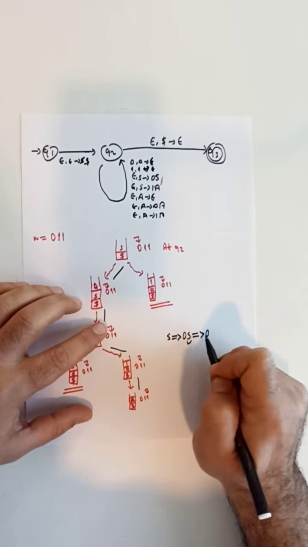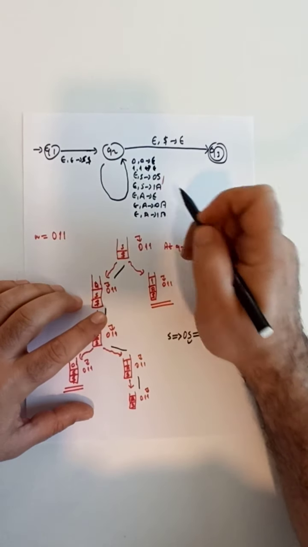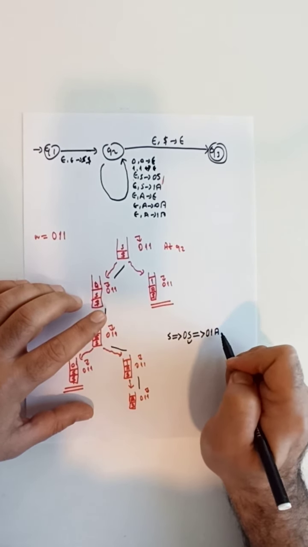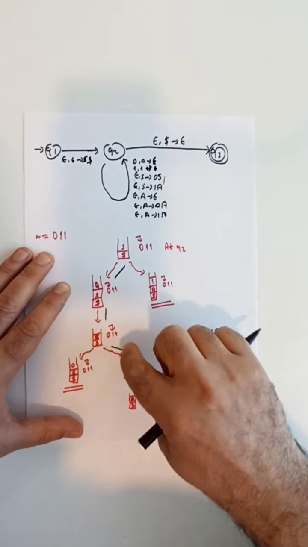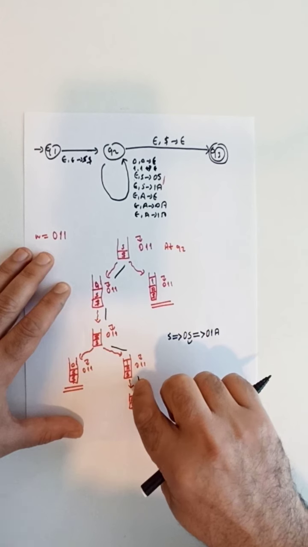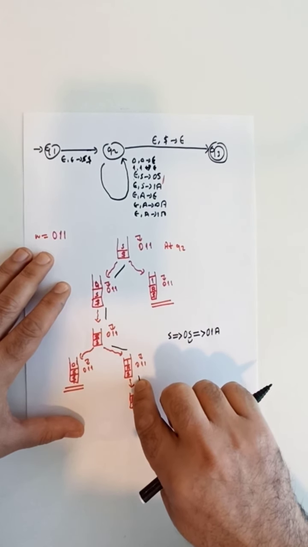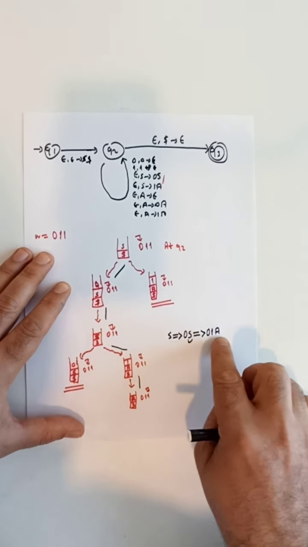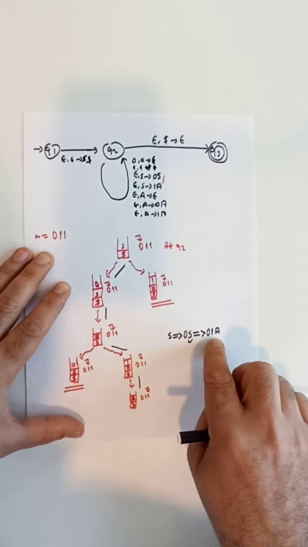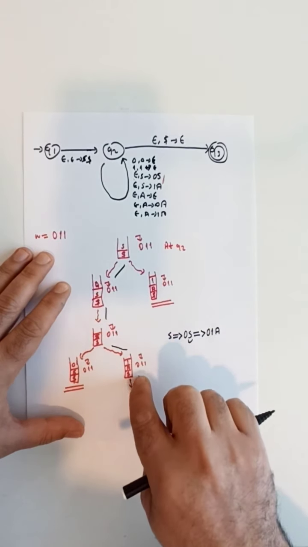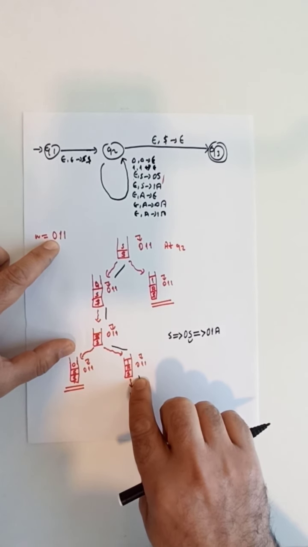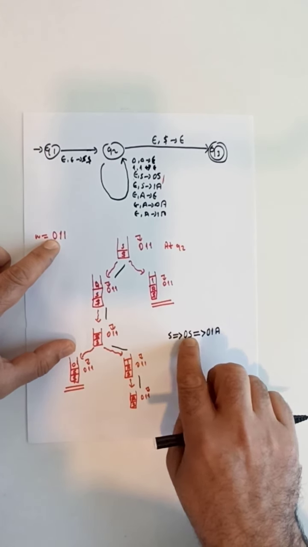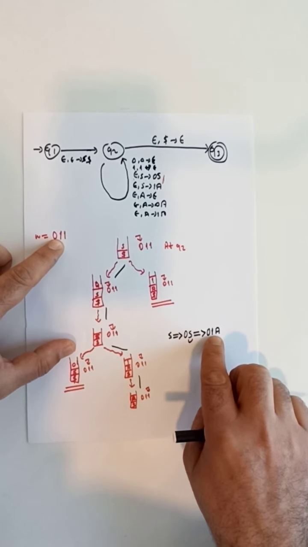Next, S is expanded with this rule 1A. So far these 1, 2, 3, 4 steps of our computation path have done this part of the derivation, and with this computation path we have been able to match from our target string the initial 0 and the second symbol 1 as well.